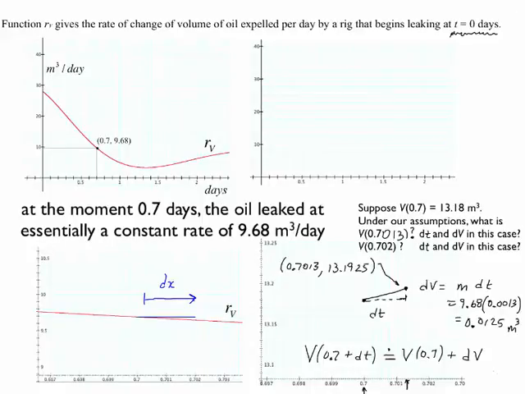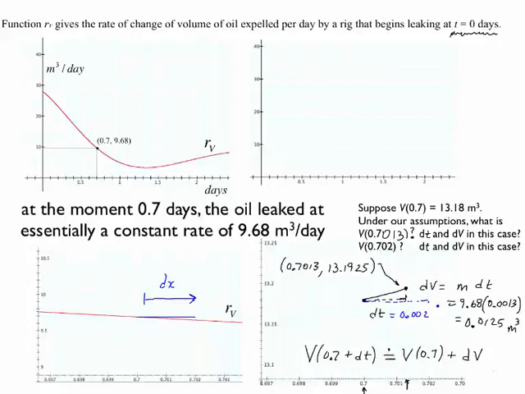Okay, what's dt? 0.002. I'm going to do this second example in blue, okay? So dt is now out to here. So now the dt for the blue one is 0.002.